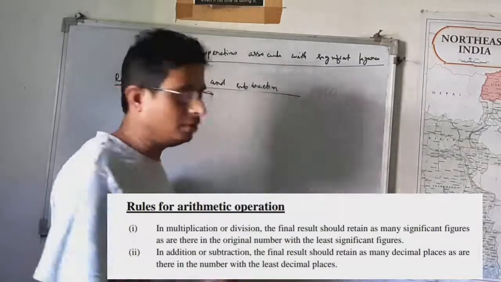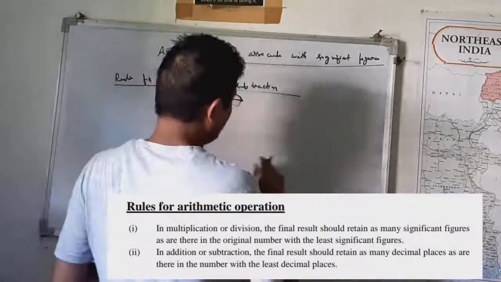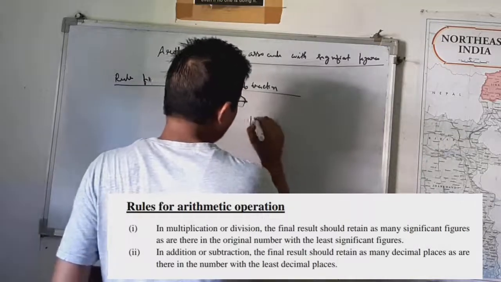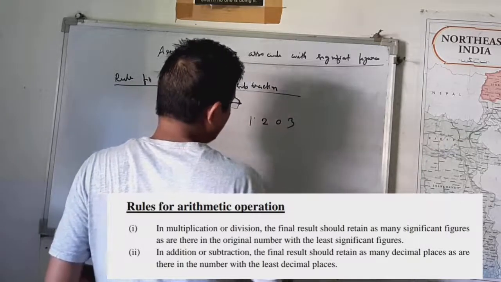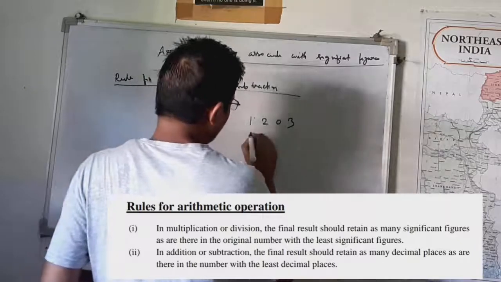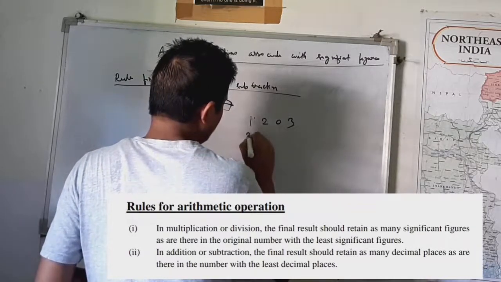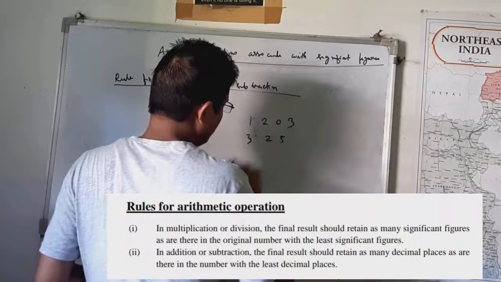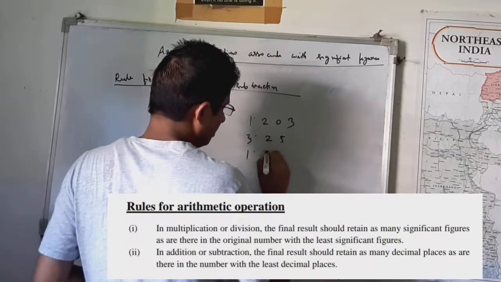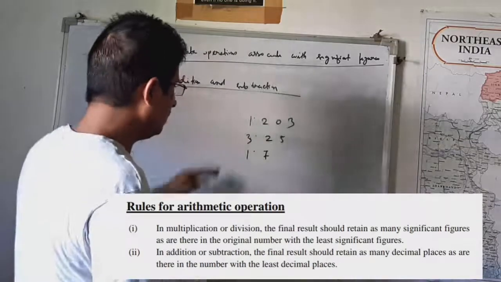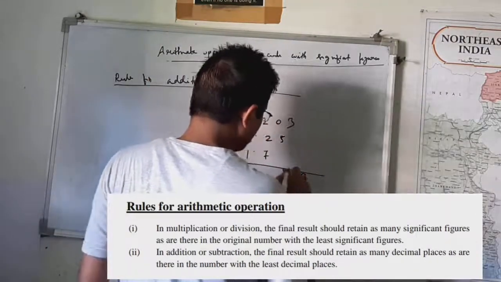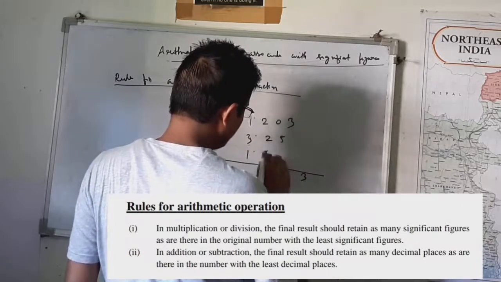Let's take an example. Here I want to add three measured values. Suppose one is 1.203, one is 3.25 and another is 1.7.